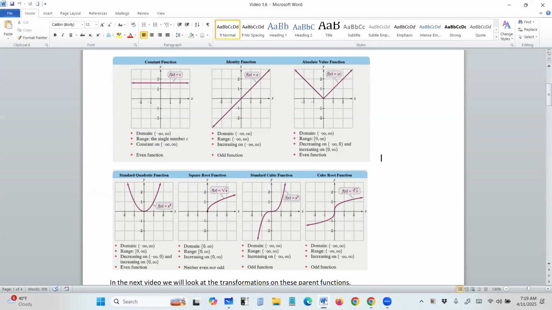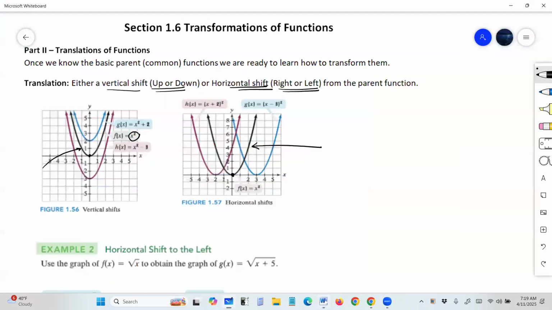But the absolute value function, the quadratic function, the square root function, the cubic function, and the cubic root function, these on the bottom, we must know how to graph, because otherwise we can't do transformations. The transformations begin with graphing the standard or common function first, and then doing one transformation at a time on paper.